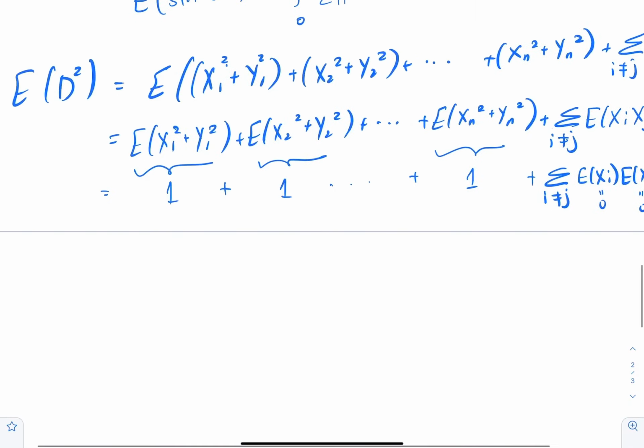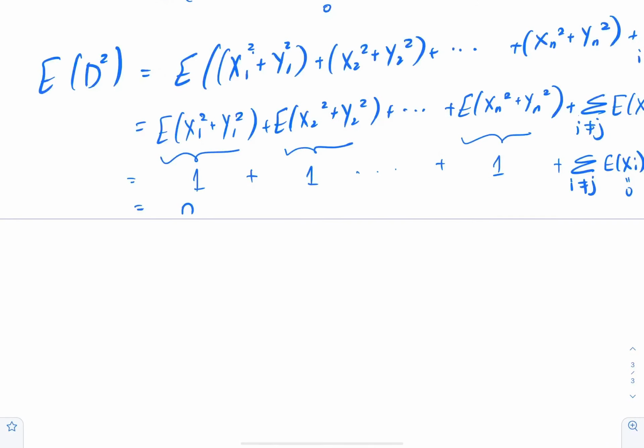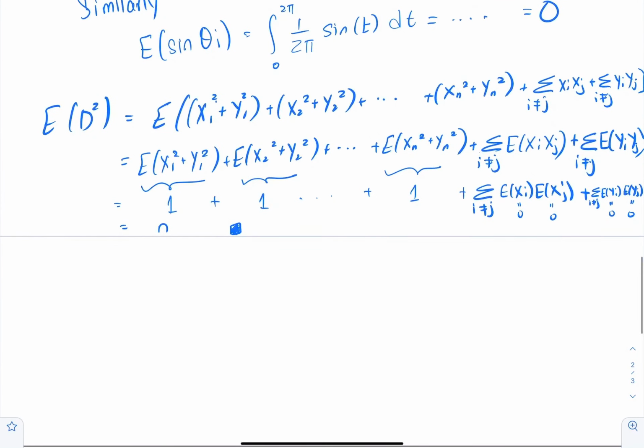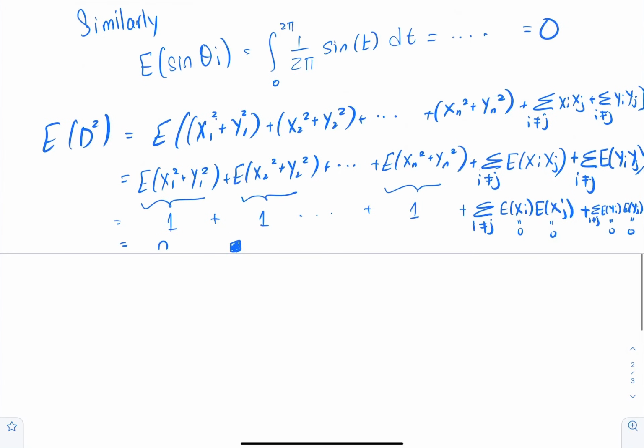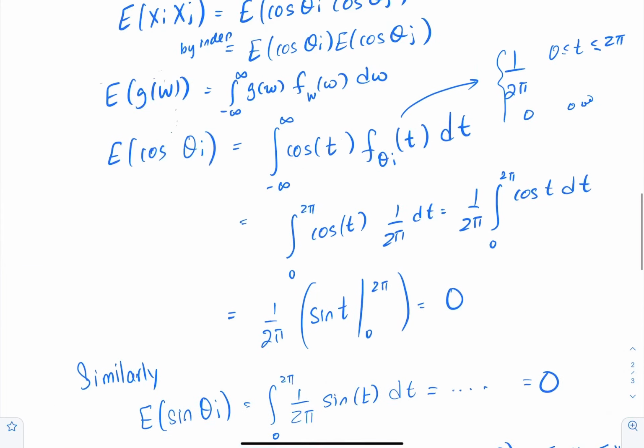So what do you have? In the end, you have just added up n ones, so the answer is n. And so the expected value of the square of the distance from the origin after n steps is n.